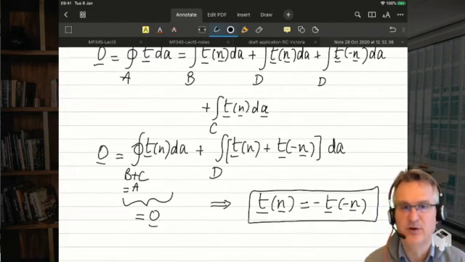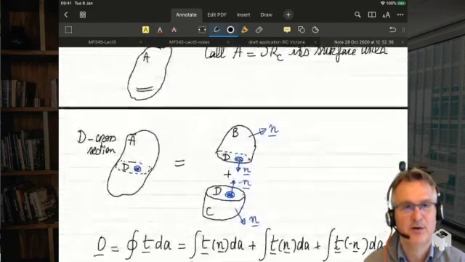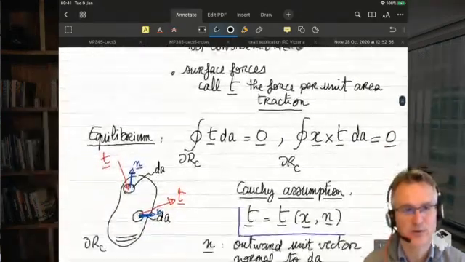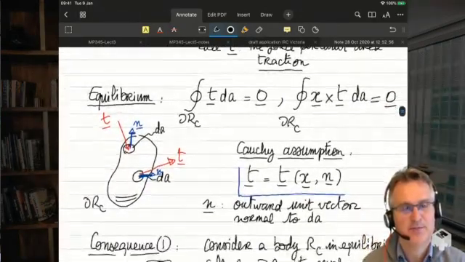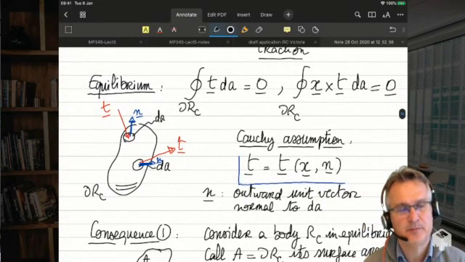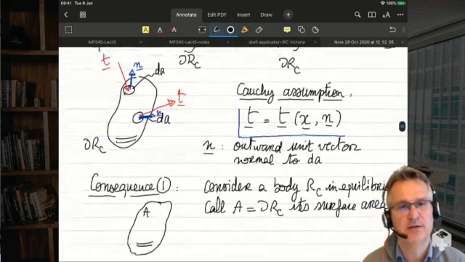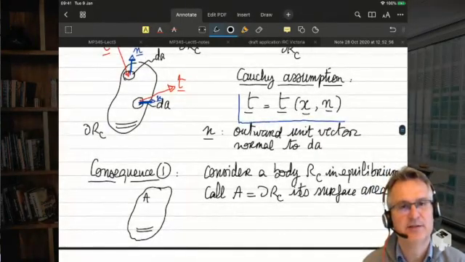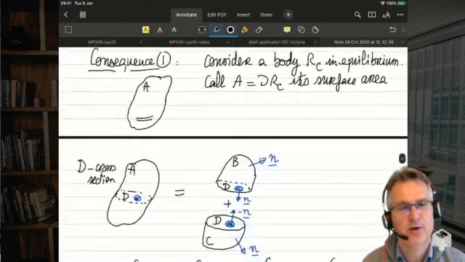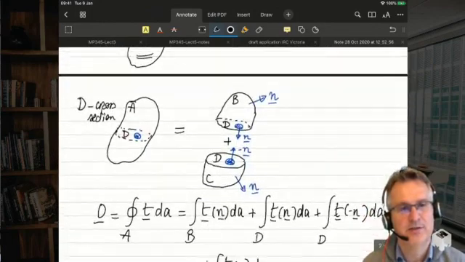Any questions so far? What have we done? Talked about surface forces, equilibrium of a body with a closed surface, all the traction cancel out. Assume that T depends on N, the outward normal. Now, that has consequence.